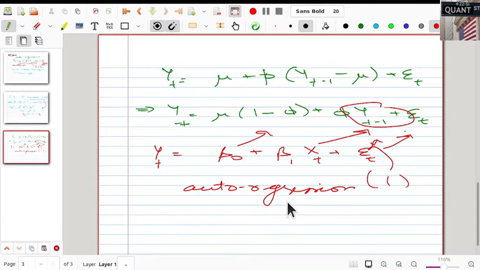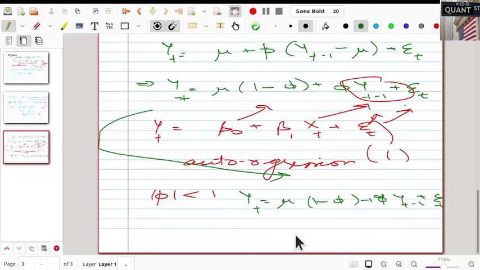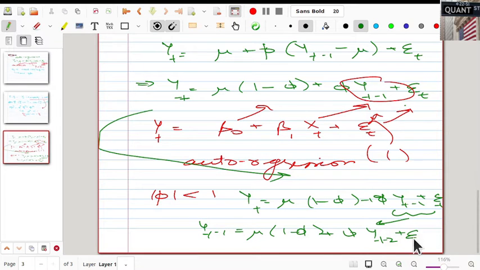So let's try to simplify it further. If the absolute value of phi is less than 1, we can rearrange this as yt equals mu times (1 minus phi) plus phi yt minus 1 plus epsilon t, and I can also use yt minus 1's representation, something like this, plus phi yt minus 2 plus epsilon t minus 1.